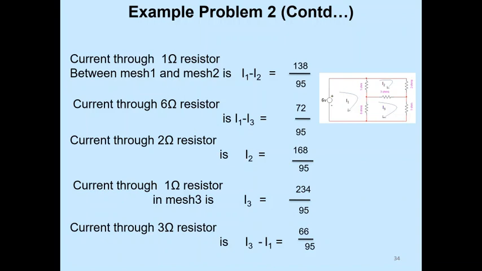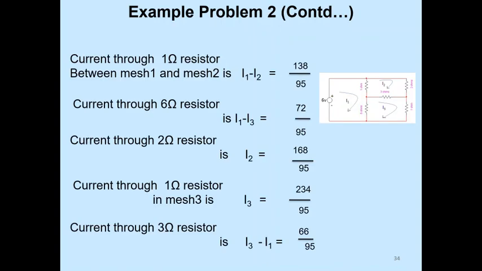After finding I1, I2, I3, we have to find out the currents through each element, such as the 1 ohm resistor or 6 ohm resistor, depending upon the circuit.